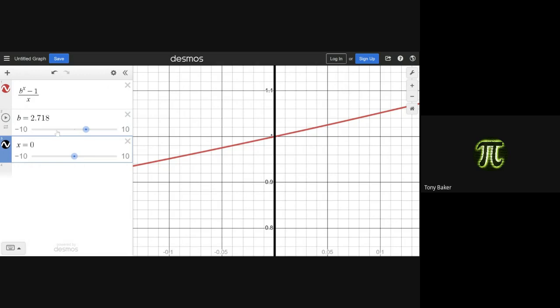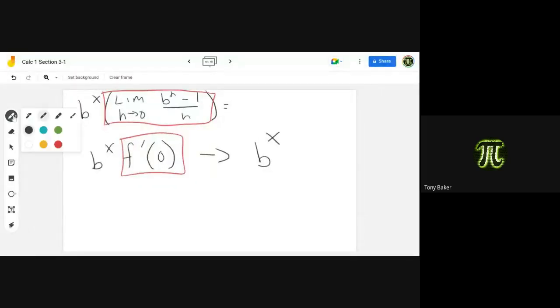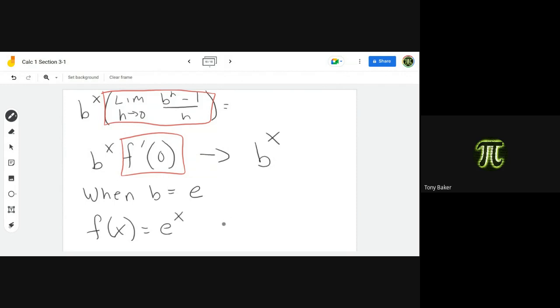So what's e? So what this showed is that when b equals e, my derivative, so if f of x is e to the x, my derivative is also e to the x.